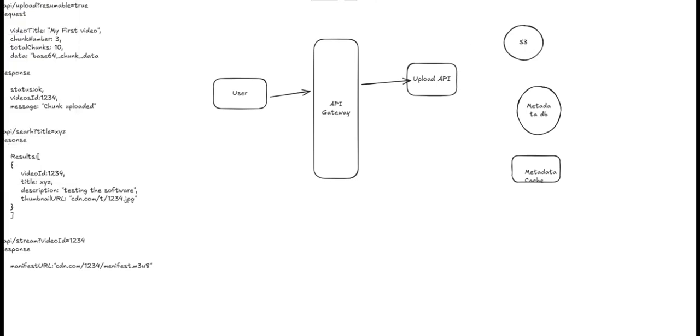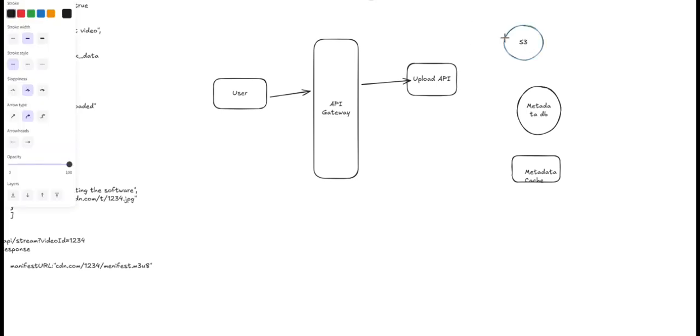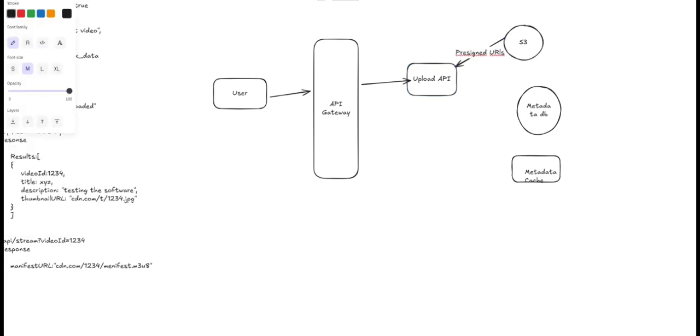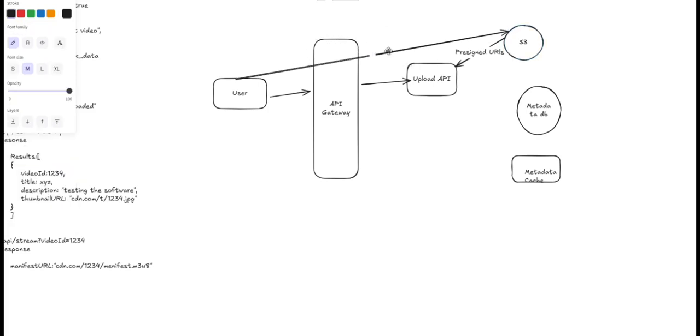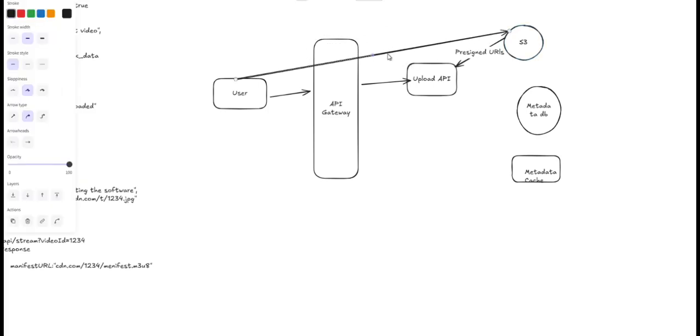Once we have pre-signed URLs, upload API will send those back to the user. Once the user has the pre-signed URL, they can upload the raw video directly to S3. And this is how our upload video will work.